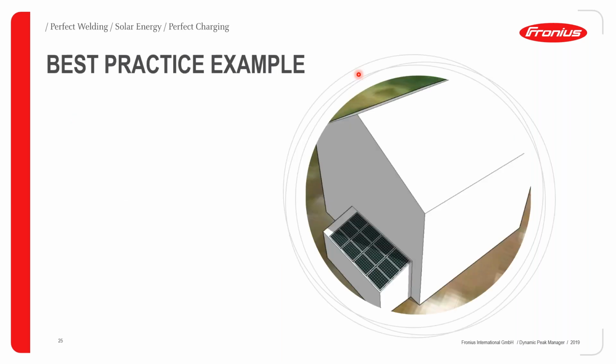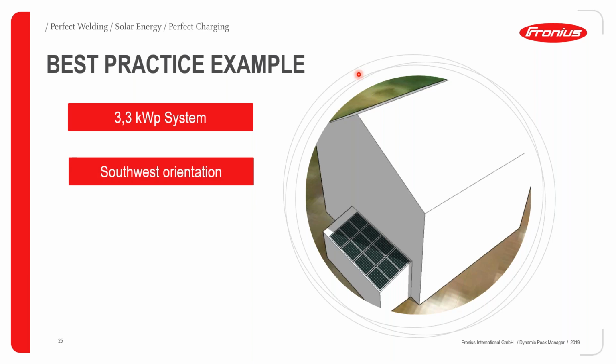Going forward, let us look at a best practice example to understand what is really happening when you have a PV system with shading. In this particular example, we are considering an installation of just about 3.3 kilowatt peak. So it's not a very big installation. This is typically a residential installation, with a southwest orientation and a tilt angle of about 19.5 degrees.